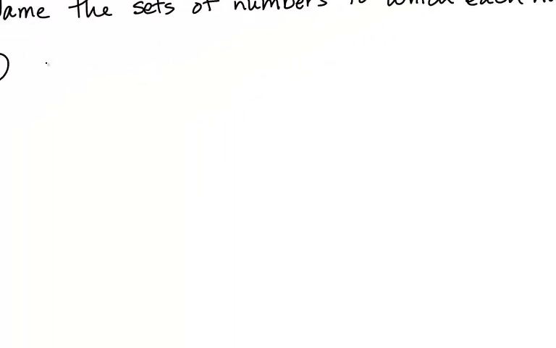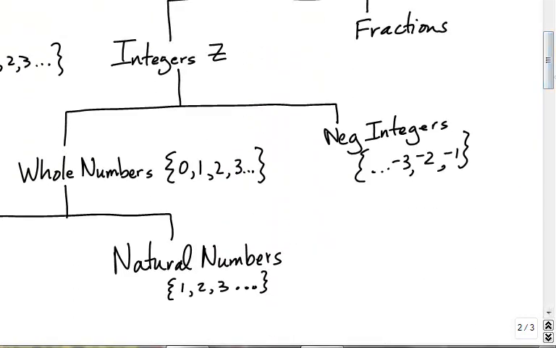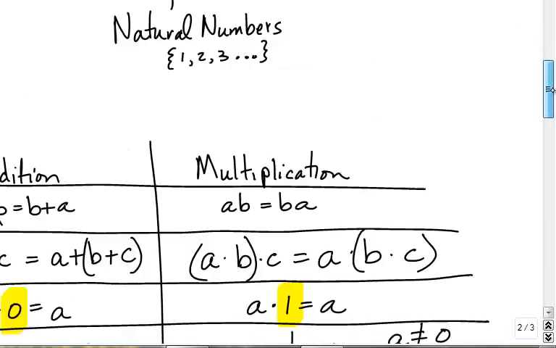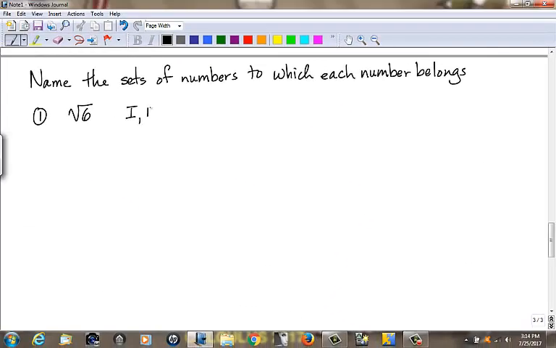Let's say they give you the square root of 6. You go back and look at that chart and ask, where does it begin? You can look at this chart or the other one. Square root of 6 would fit up here in the irrationals. You cannot get it in the form of P over Q. So if it's an irrational, then it's also a real. So it's irrational, which would be I, and it's also real.